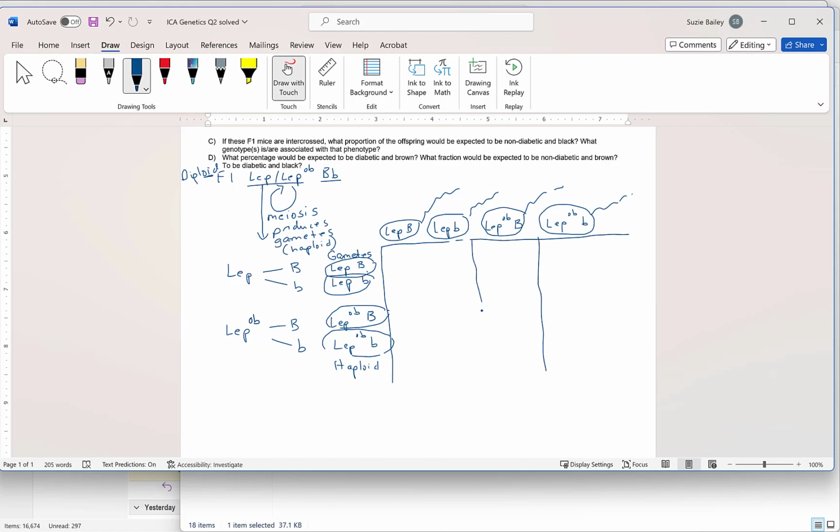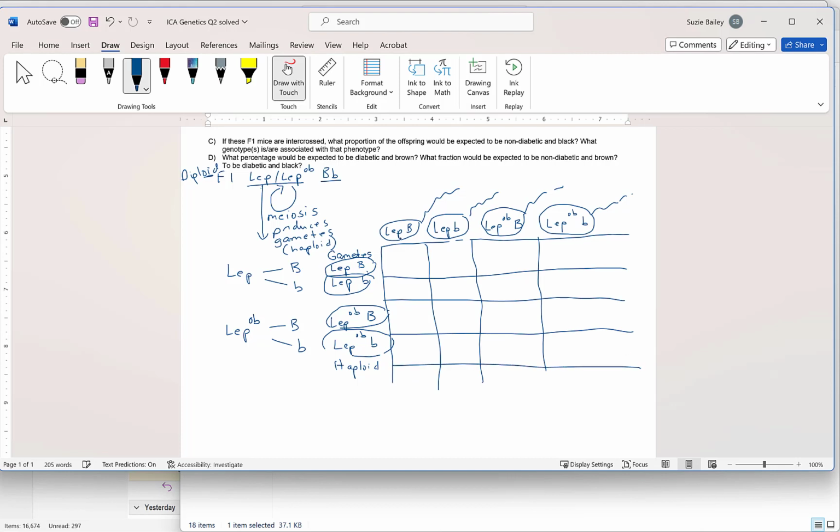Now, we're starting to see why this is not the favored approach, because it's going to start to get kind of crazy to keep track of all of these alleles and not get mixed up, right? But we could do this.